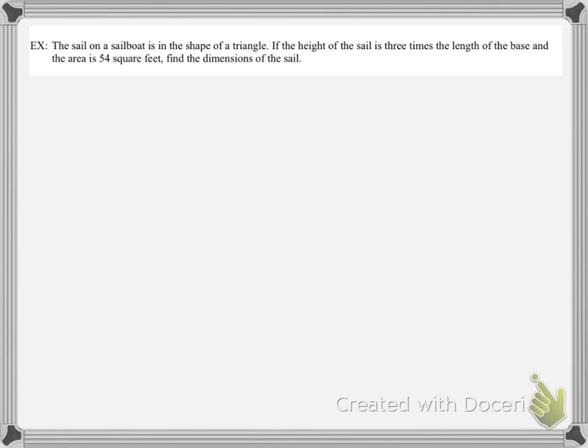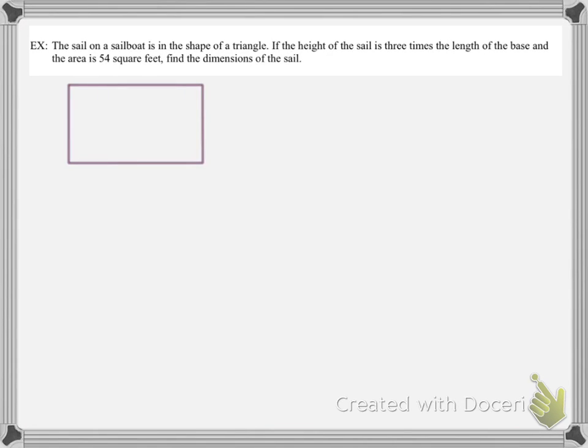So the sail on a sailboat is in the shape of a triangle, and there's a bunch of information. I'm going to let you guys do this one. Do you guys know the formula for the area of a triangle? One half base times height. Yes, it's one half base times height. You can remember it because a triangle is half of a rectangle.